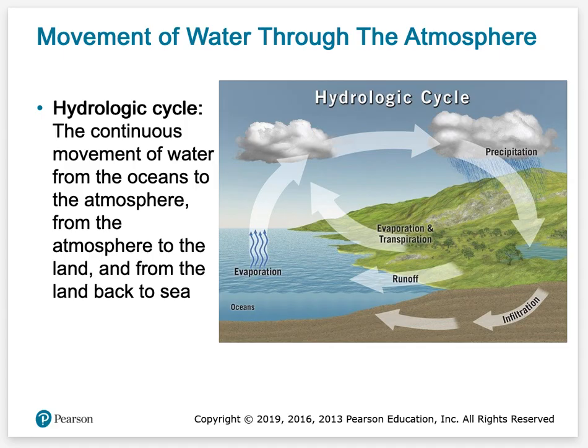So again, the hydrologic cycle is the continuous movement of water from the oceans to the atmosphere, from the atmosphere to the land, and from the land back to the sea. The precipitation that falls into the ocean has ended its cycle and is ready to begin another cycle.